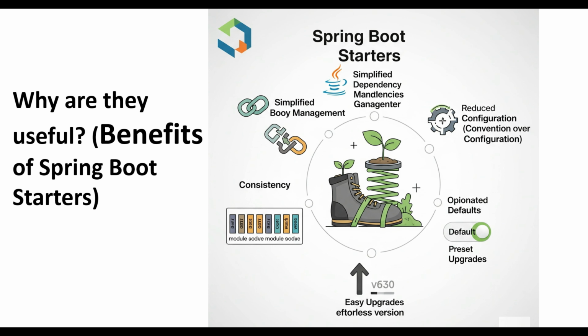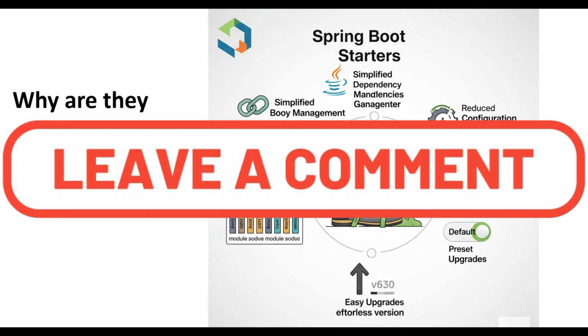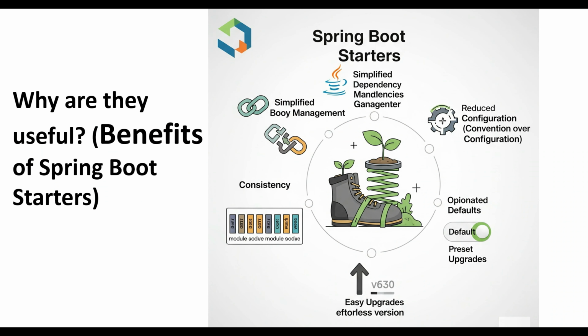Then comes consistency. The starter dependencies are compatible with the versions of the libraries used, which prevents the earlier version conflicts and integration issues. This is more consistent and much more reliable when it comes to your project setups.